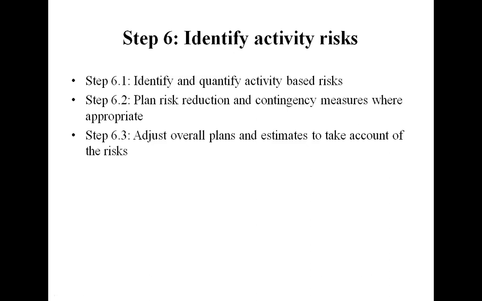So if any damage or risk occurs, measure how much time we spend on that and how much money we lost for that risk. So that is identify and quantify activity-based risk. Okay.